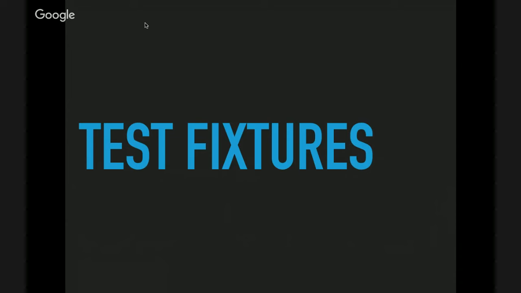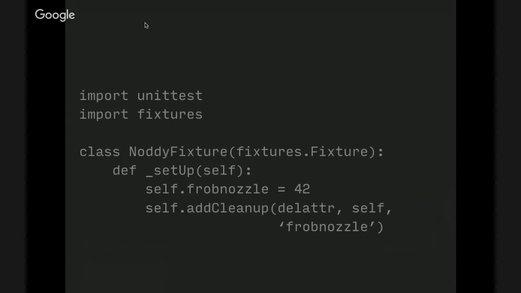So test fixtures are just a reusable object that contains their own logic for both setup and teardown. As an example, this is directly from the fixtures library's README. You have some fixture that you want to create that you call the naughty fixture. And that fixture needs to have an attribute called frognozzle, and you want it to be 42 at the start.